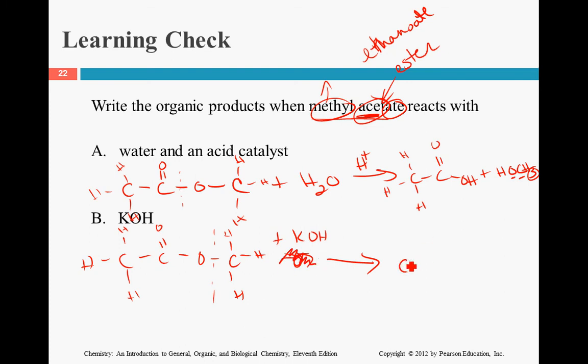So on one side, we have what would ordinarily be a carboxylic acid, but instead of that hydrogen there, now we have the potassium. And oxygen is a negative charge, potassium is a positive charge. And then this OH group then gets attached to the methyl group. So you retain that methanol.